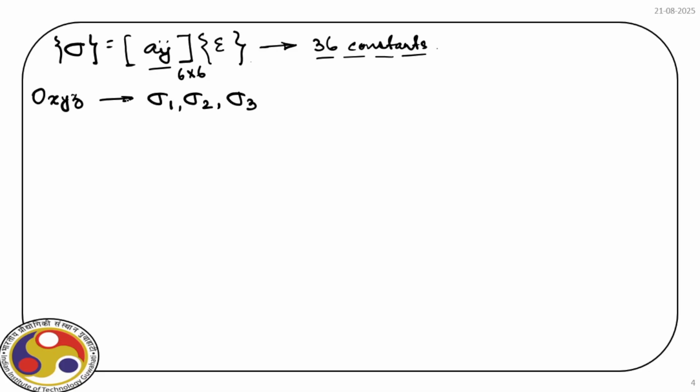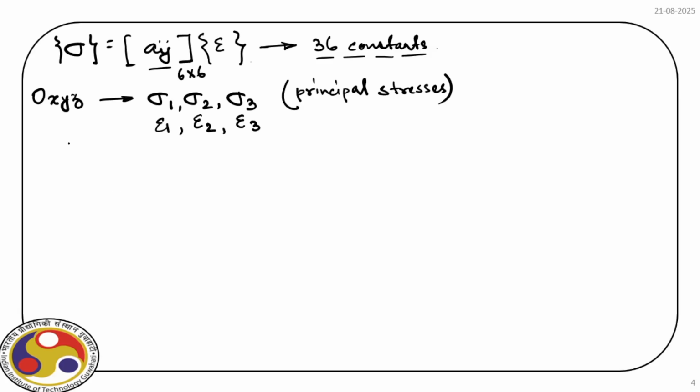So these three components, sigma 1, sigma 2, sigma 3, are principal stresses, right? Similarly, we'll have principal strains also, epsilon 1, epsilon 2 and epsilon 3.